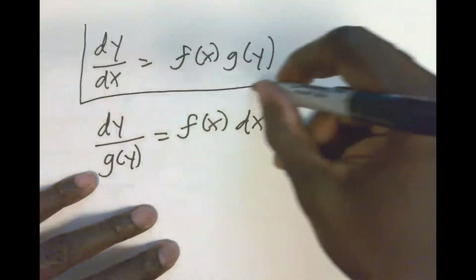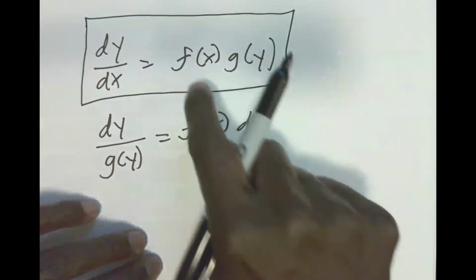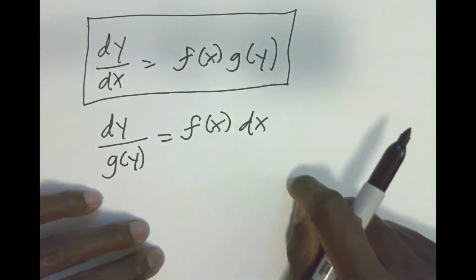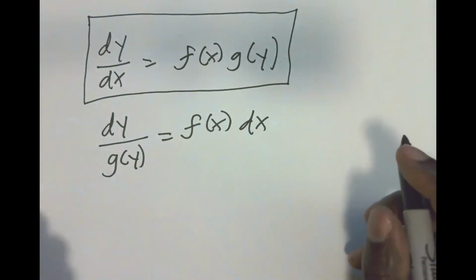Now, in this form of a separable differential equation, f of x could be a constant, and g of y could be a constant. It could be 1 actually.